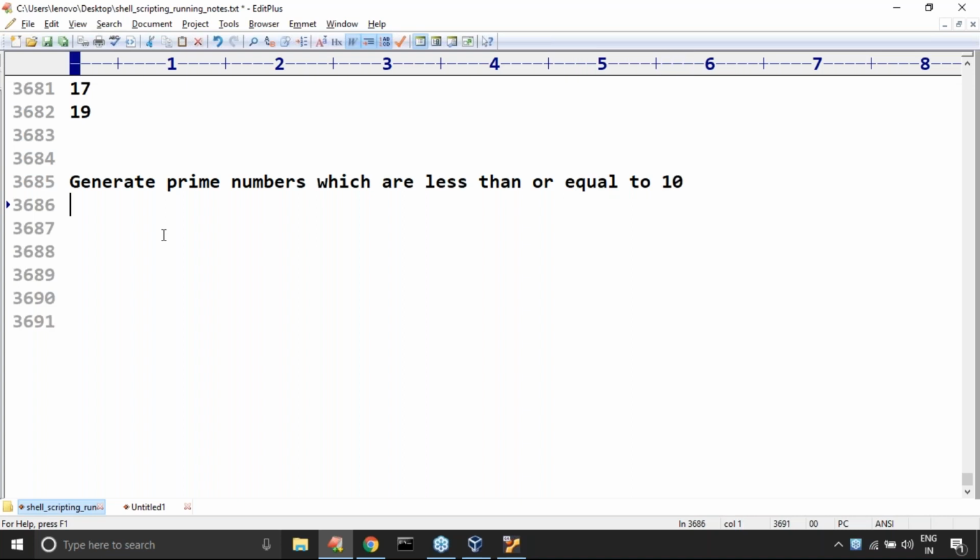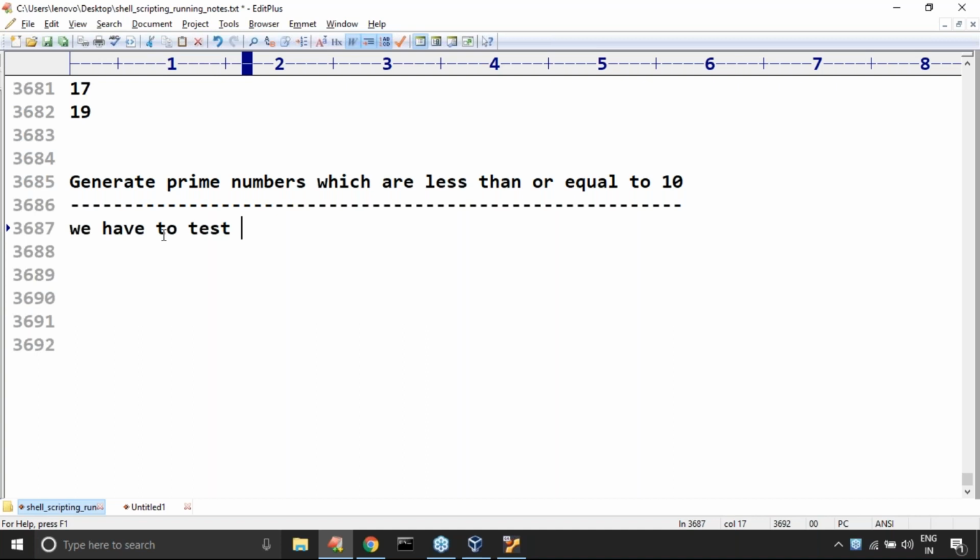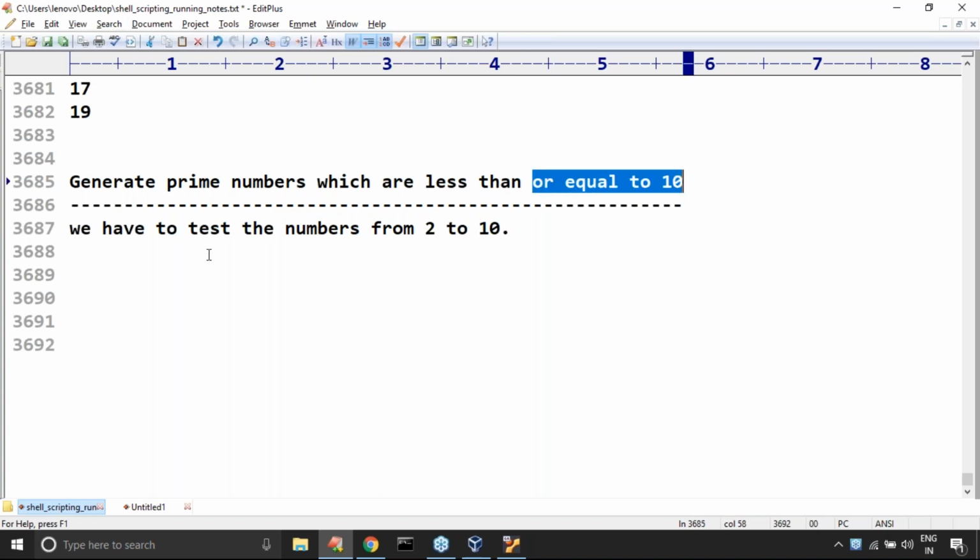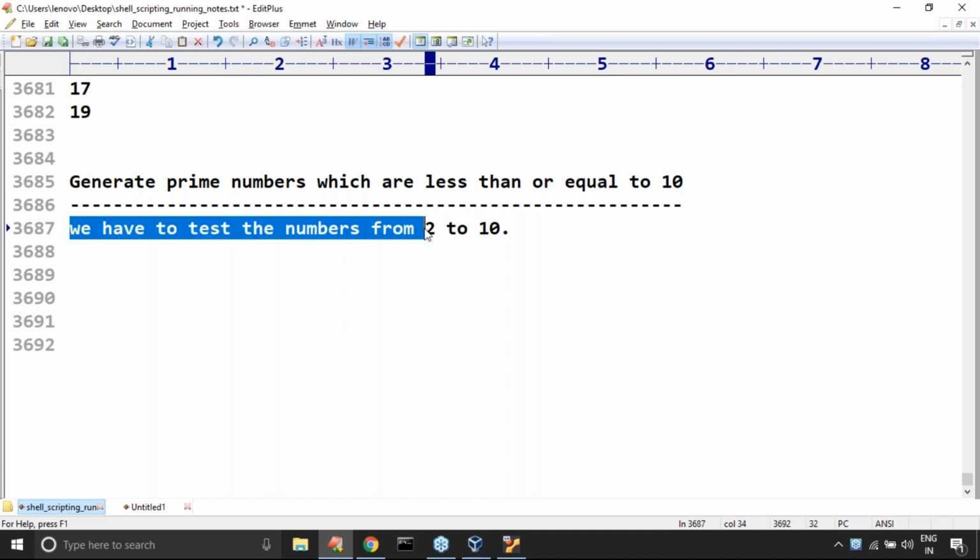To find this, one we are not required to test because one is not a prime number. We have to test the numbers from 2 to 10. Correct or not? Any doubt? Generate prime numbers which are less than or equal to 10, so we require to test the numbers from 2 to 10.